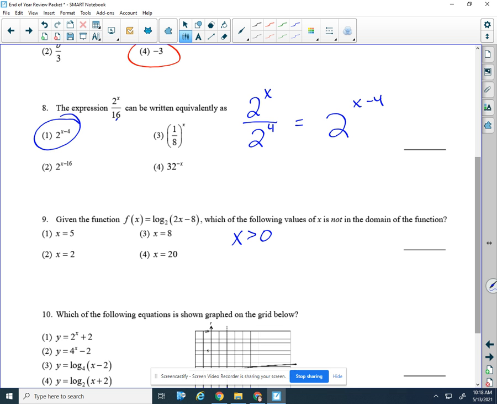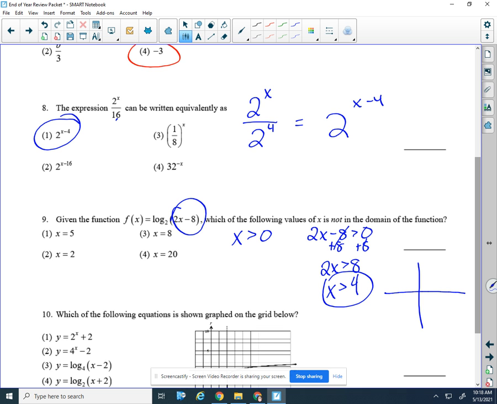So what I can say is this thing in parentheses, 2x minus 8, is greater than 0, and you solve for x. So we add 8 to both sides. So 2x is greater than 8, and x is greater than 4. That is what is in the domain. So anything bigger than 4.